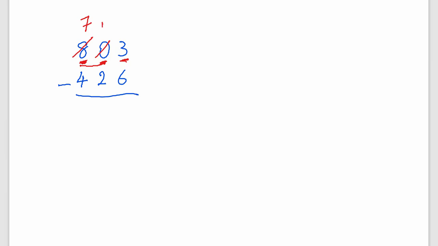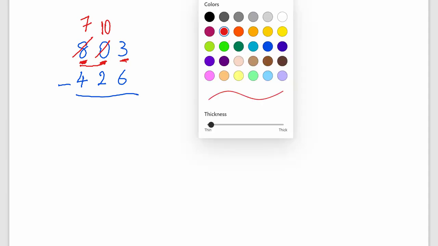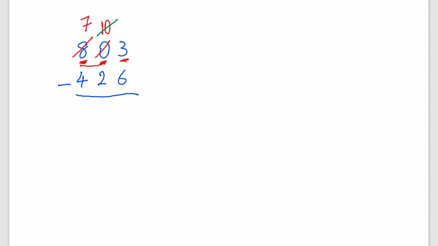Great. And now we didn't solve the problem since 3 is less than 6. So we take 1 from the tens, and the 10 will be 9, and the ones will be 13.